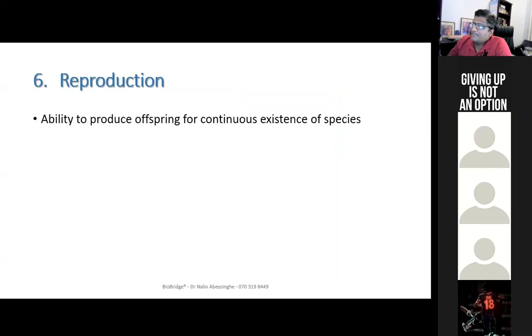Then the next thing is reproduction. It's part of the characteristics of living, right? That is the ability to produce offspring for continuous existence of the species. Offspring is the progeny, what you produce.